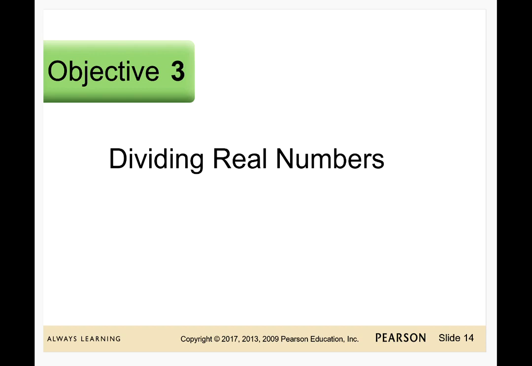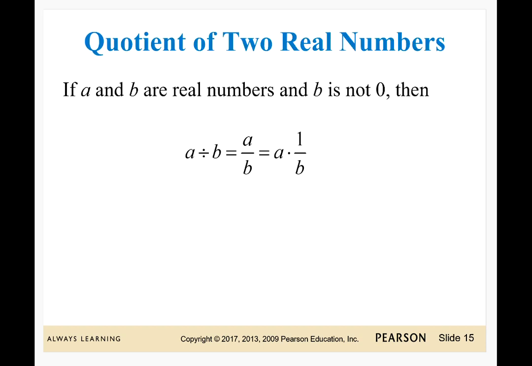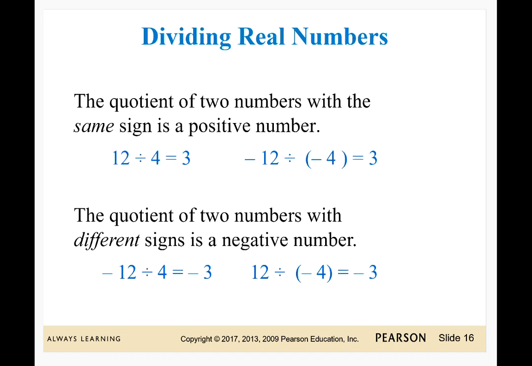All right, so let's talk about dividing. So when you are dividing real numbers, we're going to use the same properties that we did back in section 1. Rather than dividing, we're going to multiply by the reciprocal, just like we did back in section 1.3. So nothing new to cover. And it turns out that the quotient rules are the same if you're dividing. So if you are dividing the same sign, your answer is going to be positive.